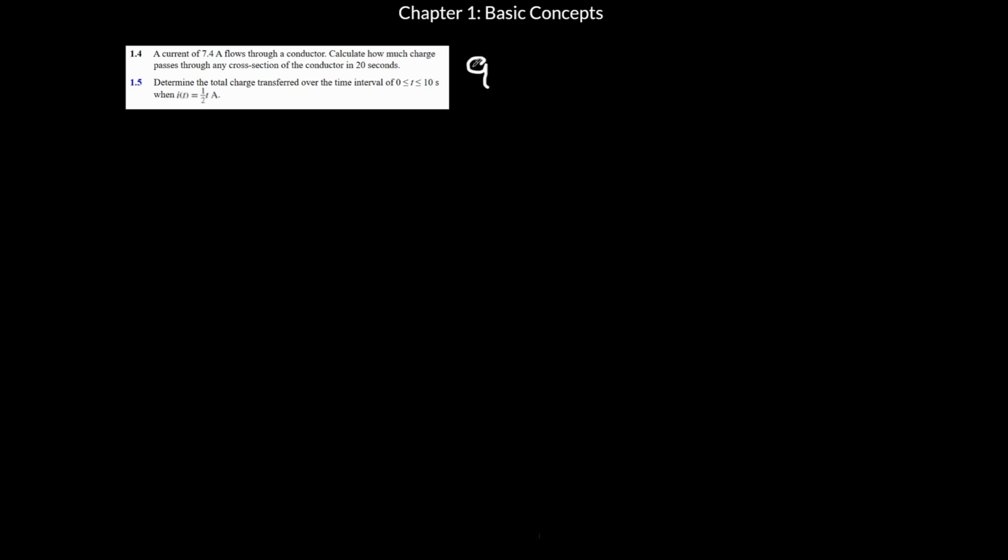All this is just going to be asking us for is the charge. So the charge is going to be equal to I times t. All we have to do for this problem is notice that our current is 7.4 amps and our time is 20 seconds.